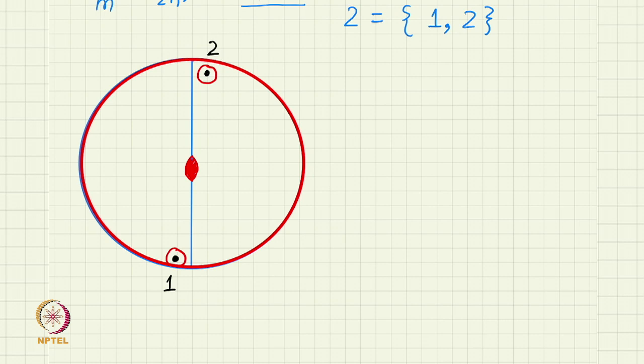The 1 and 2 black dots correspond to the operations 1 and 2 of the original point group 2, but now we have two red open circles also, and this one can be designated as m. But what about this?